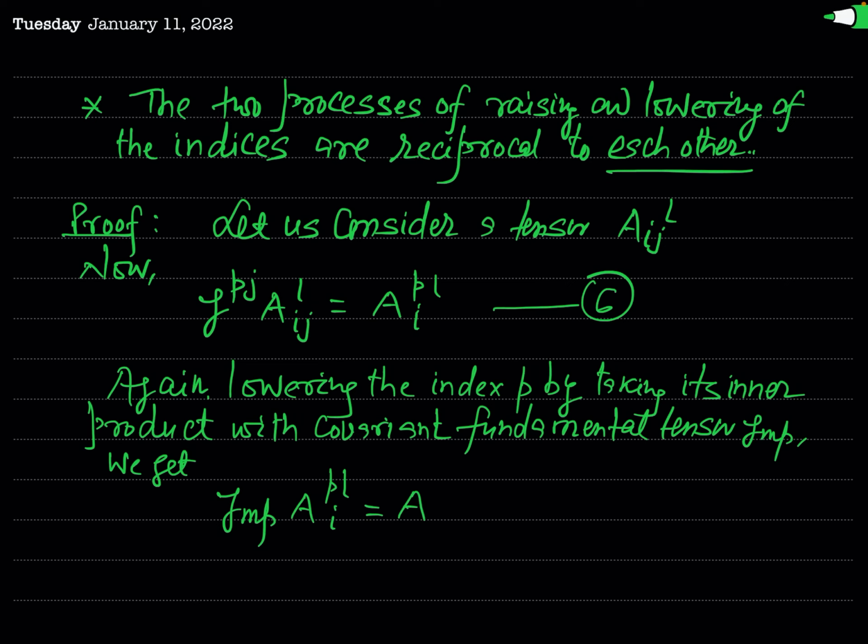P will be omitted. You can see this will be A super L sub mI or Im. And say this is your equation 7.